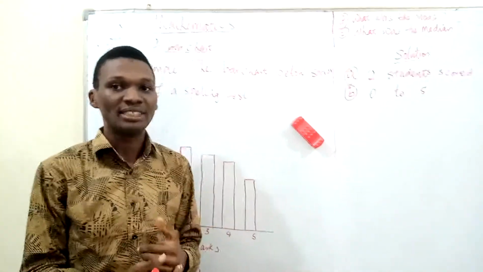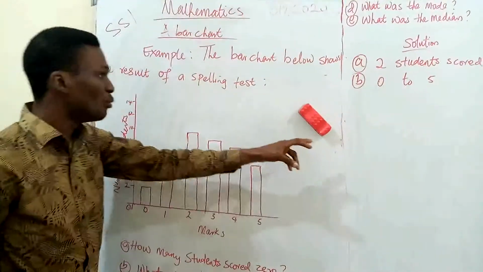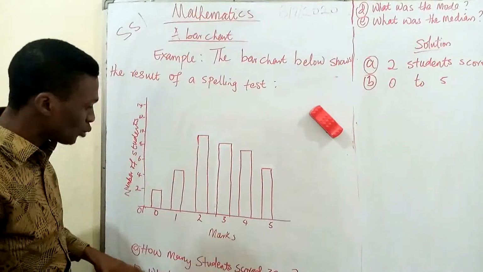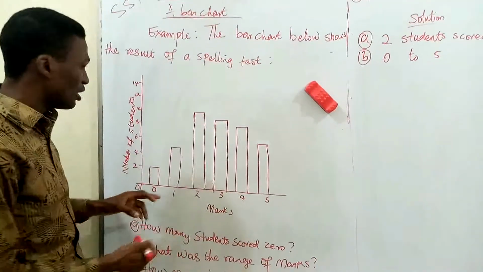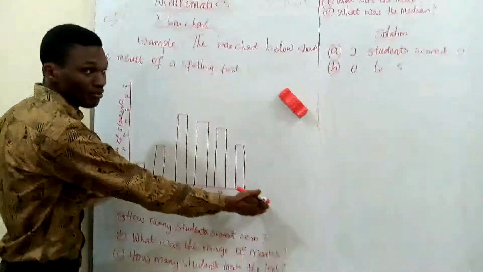So the range here is 5 minus 0, which is 5. But since we asked what was the range of marks, the range of marks here is from 0 to 5.